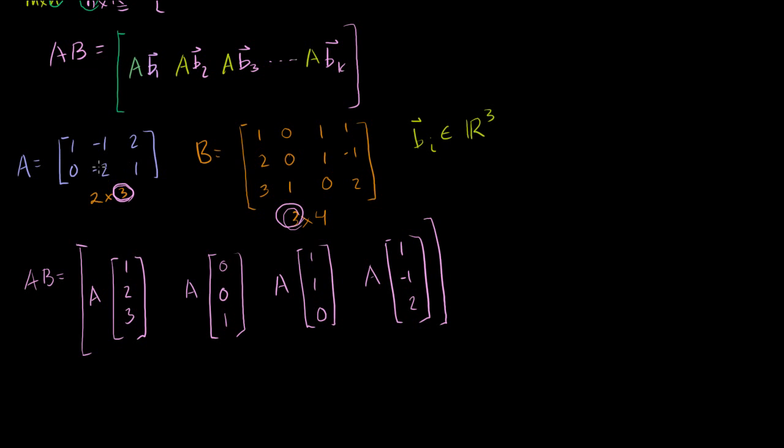So we only have matrix vector products well defined when the number of columns in your matrix is equivalent to the dimensionality of your vectors. That's why those two numbers have to be the same.